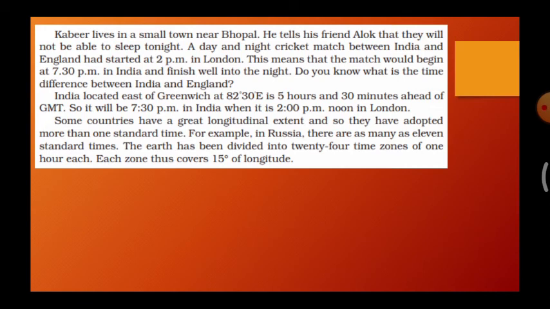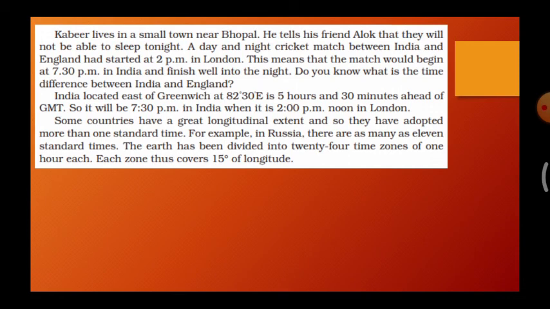Some countries have a great longitudinal extent, so they have adopted more than one standard time. For example, in Russia there are as many as 11 standard times. The earth has been divided into 24 time zones of 1 hour each. Each zone thus covers 15 degrees of longitude.